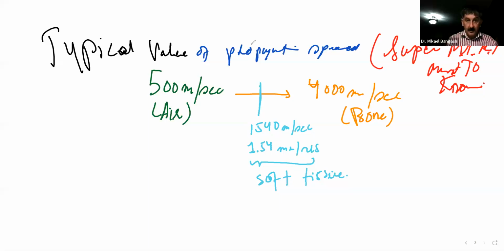Clear? Okay. Can you repeat that, please? Sound travels at a speed of 1 mile per second through soft tissue. That's 1,540 meters, which becomes 1.5 kilometers per second. So 1.5 kilometers is approximately 1 mile.